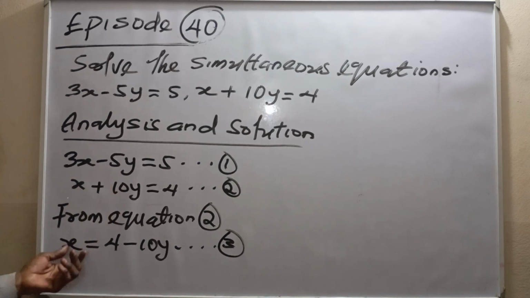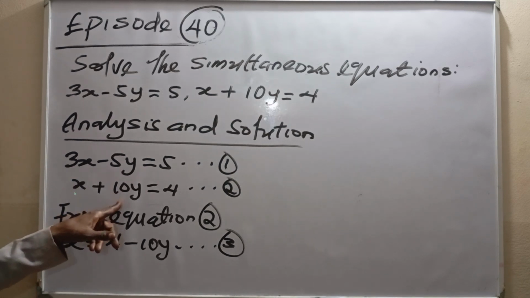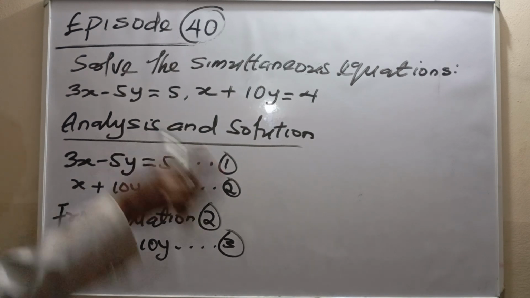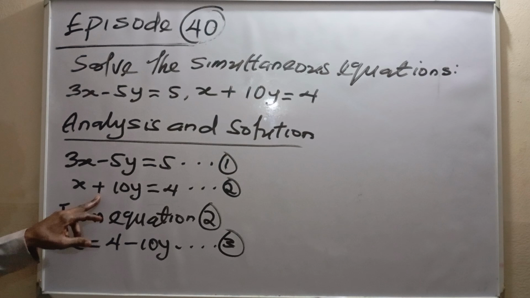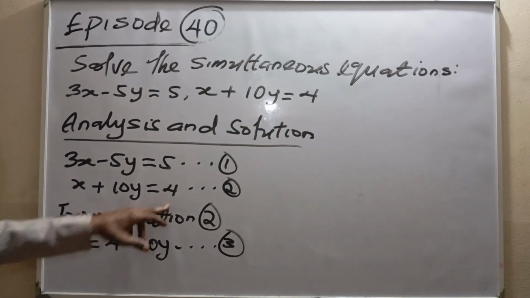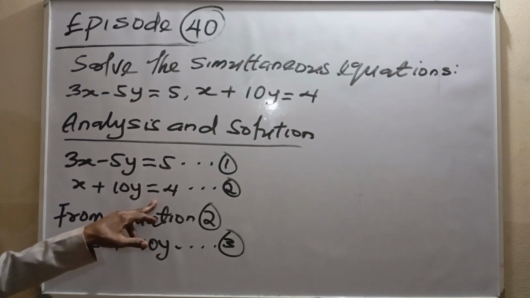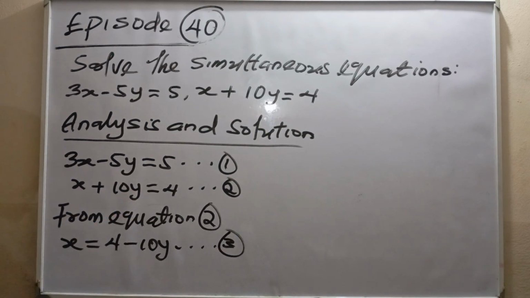How? I transpose the 10y on the left hand side to the right hand side, so the sign will change. Because it is positive here, when it crosses the equality sign to the right hand side, it turns negative. So x equals 4 minus 10y.